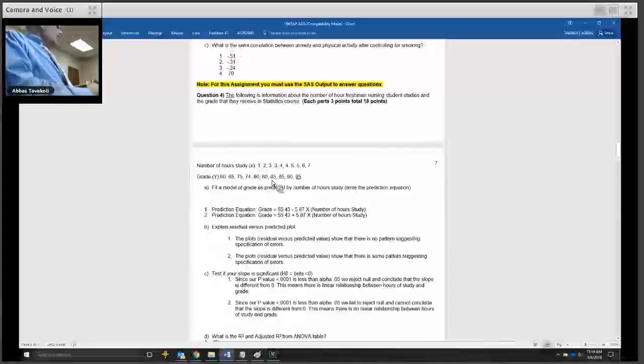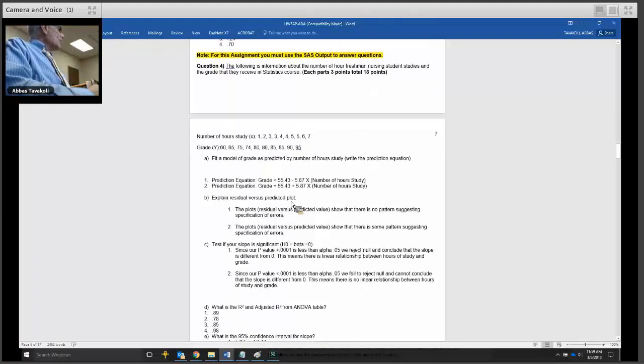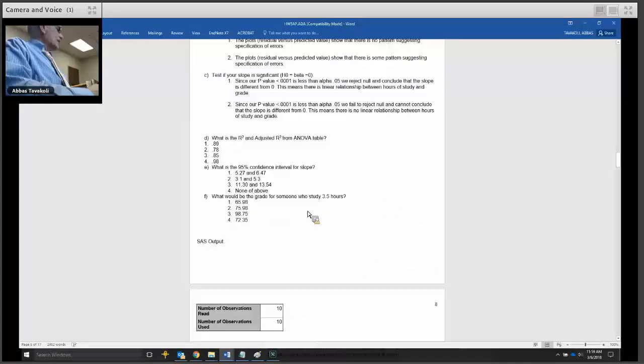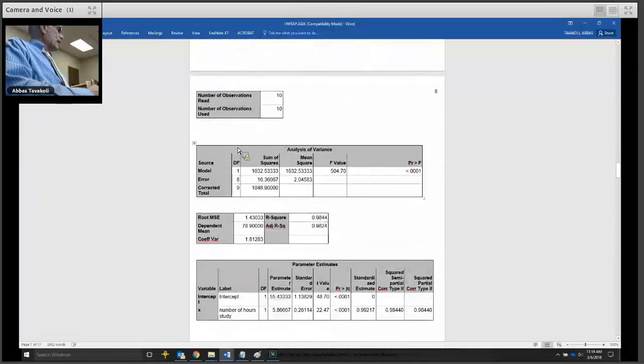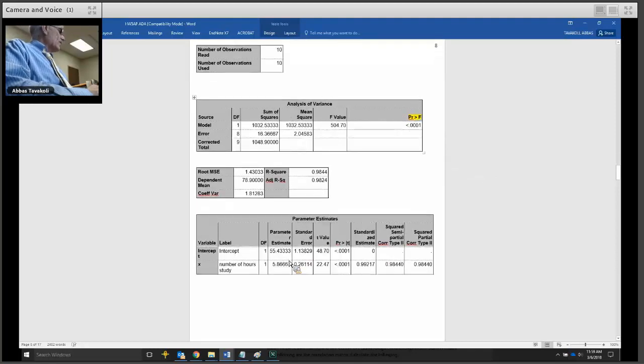Now, question 4, we move into simple regression, when you have 1 independent variable and 1 outcome. I ask you to look at the SAS output and find the predicted variable. So this is basically your ANOVA for a SAS output, and it shows you whether the overall model is significant or not. This column is the p-value. If your p-value is less than 0.05, that means it's significant.